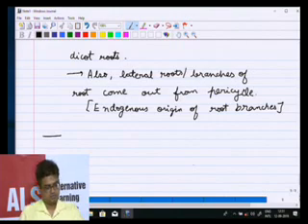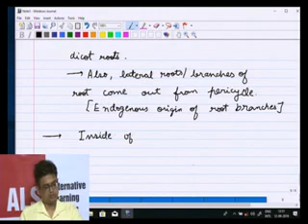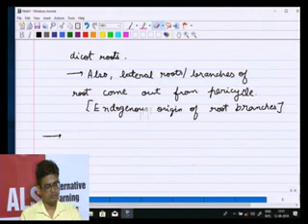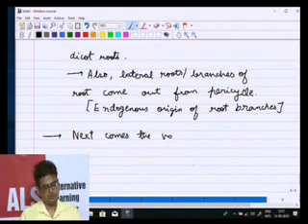Now inside of that, next comes the vascular bundle.